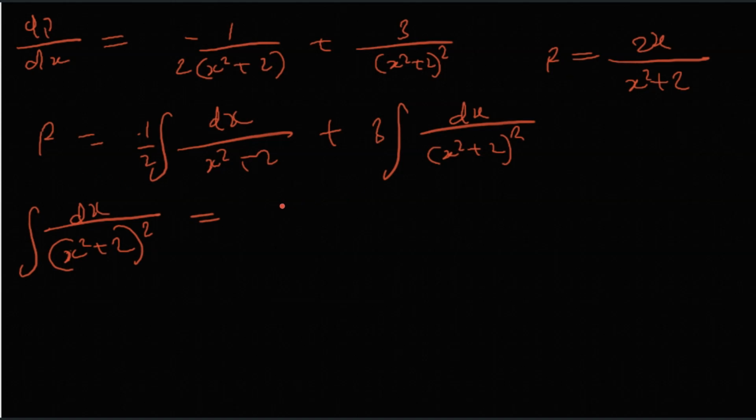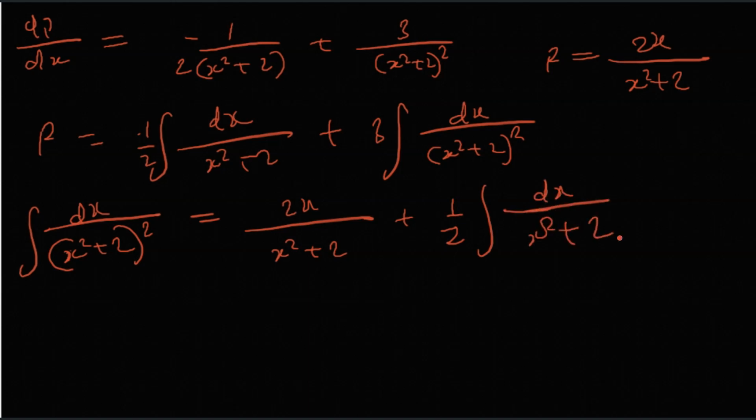What is p? That is 2x over x squared plus 2, minus this. So that will be plus 1 over 2 times the integral of dx over x squared plus 2.